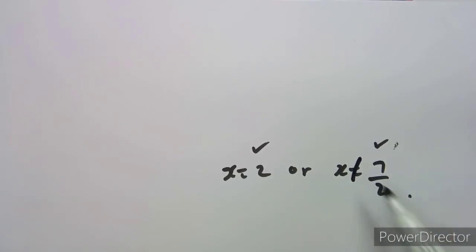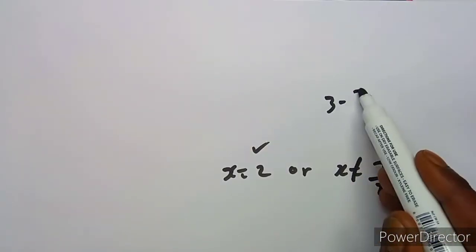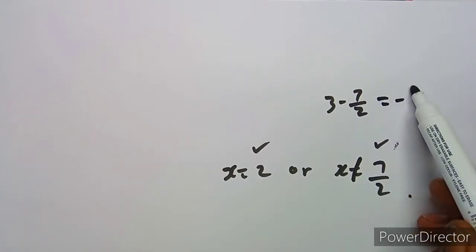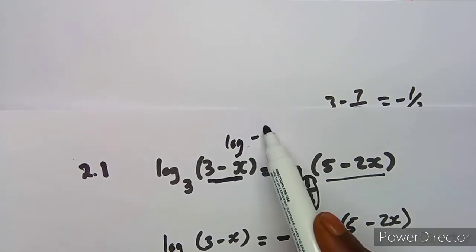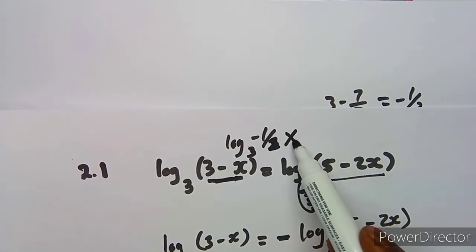But this one is not going to work, because here, guys, just take a closer look. 3 minus 7 over 2 is actually minus 0.5 or minus half. And we can't have log of a negative number, like log of minus half in base 3. This one does not exist.